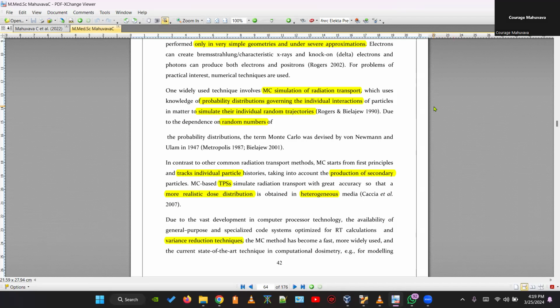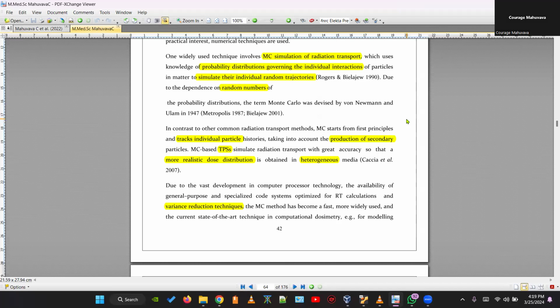And it's especially useful if we are dealing with a heterogeneous media, which is the case in most practical applications. Like in radiotherapy, the beam encounters bone, soft tissue, lung, air cavities, water, etc. So most media in radiotherapy are heterogeneous in nature. So this is the reason why we use Monte Carlo.